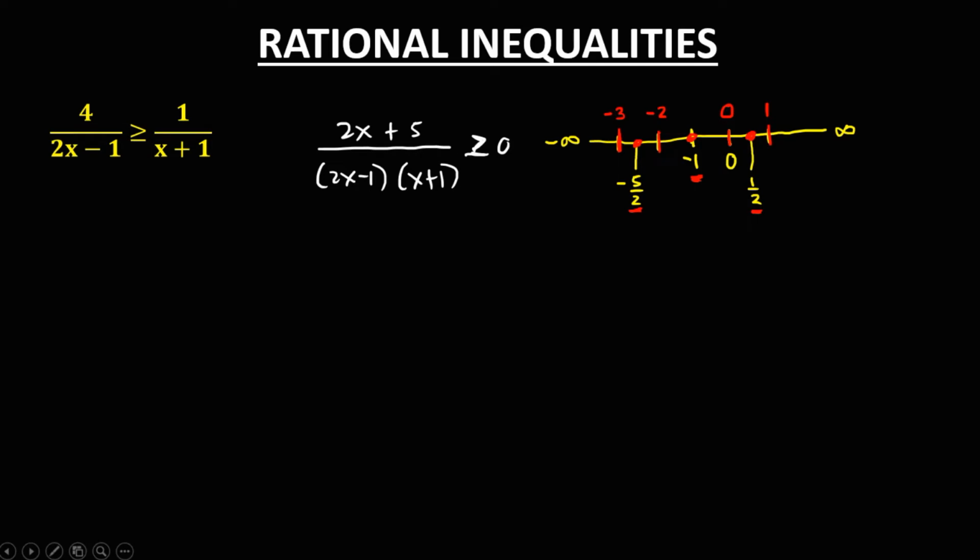Then put these values in a sign analysis table. So we have x and values for x. Start with -3. Then this -5/2.